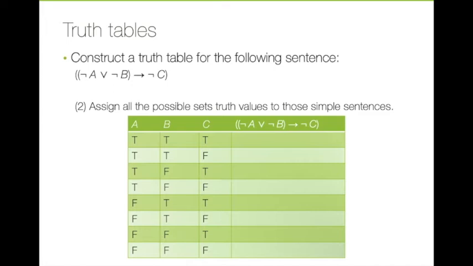The goal of following this pattern is that it makes sure every combination of assignments of true and false to the simple sentence letters appears in your table. So you get all of the possible combinations, and no 2 rows will assign the same truth values to all the simple sentences. At this point, we have the setup for a truth table done.